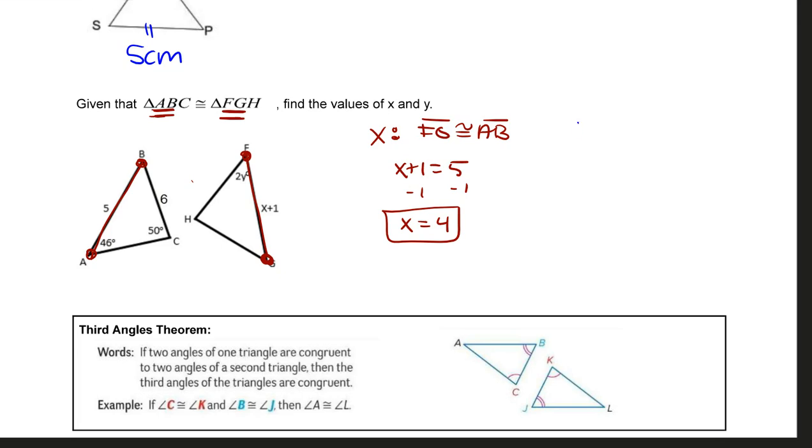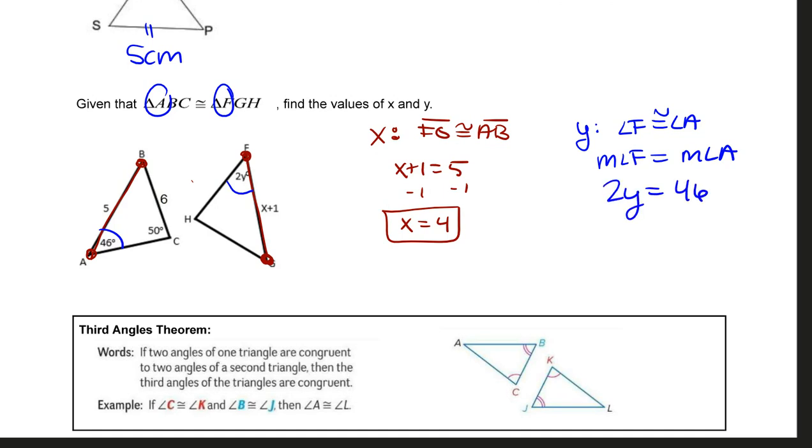Now to find y, that is in this angle F. And based on my congruence statement, angle F is congruent to angle A, which means the measure of angle F is equal to the measure of angle A. So 2y equals 46.